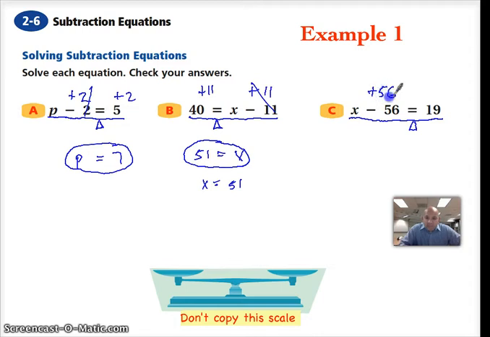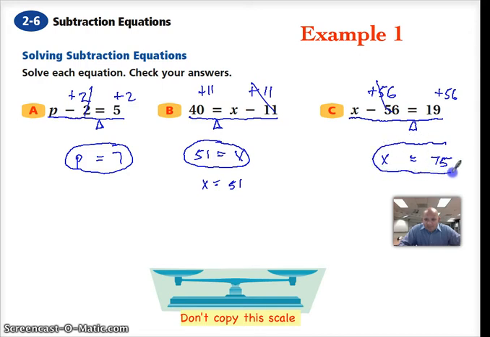Now we can't do that just to one side. We need to do it to both sides. Plus 56 to both sides. 56 minus 56 is 0. That means all that's left on this side is x equals, and 19 plus 56 is going to be 75. 75. All right.